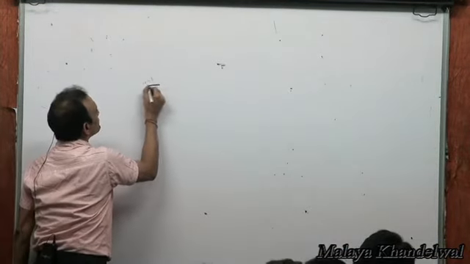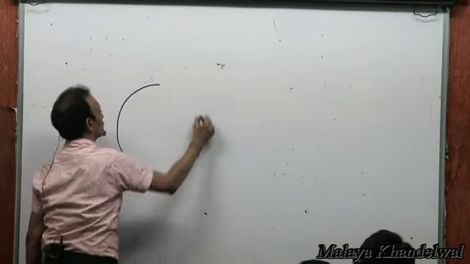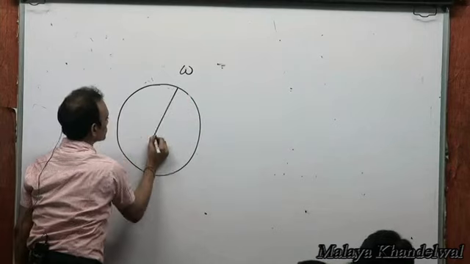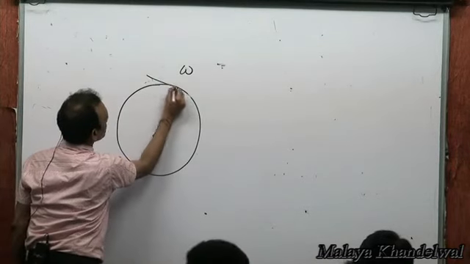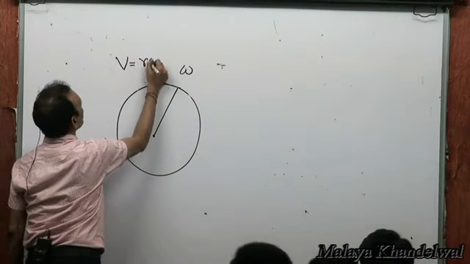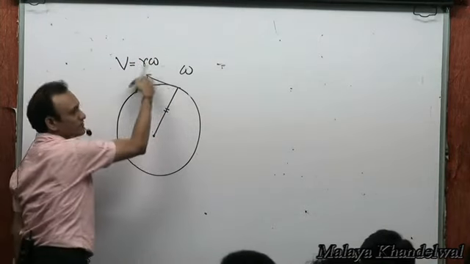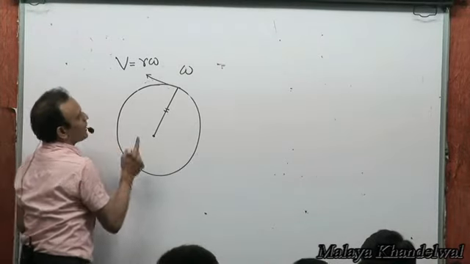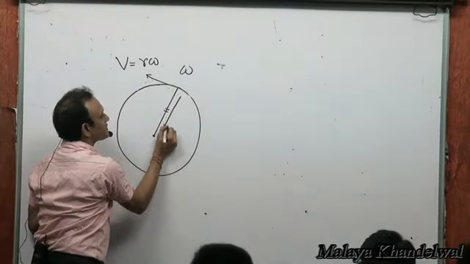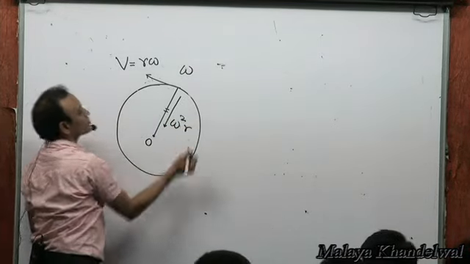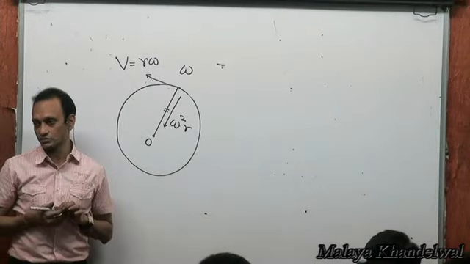So, if there is a particle whose omega remains constant, then its tangential speed v, which is r omega, will remain constant, right? And this particle will only have an acceleration directed towards the center, which is omega squared times the radius of the circle, which is the centripetal acceleration, right?